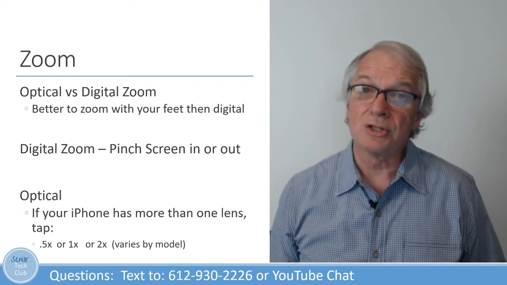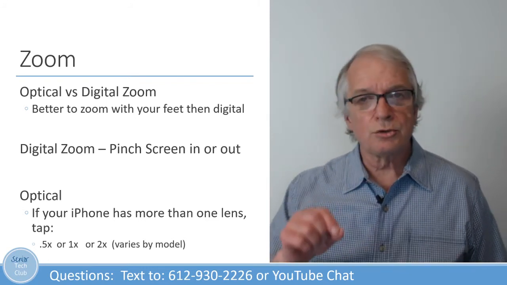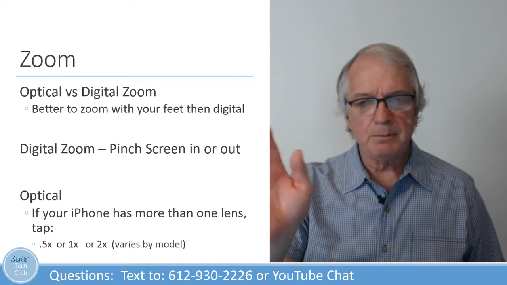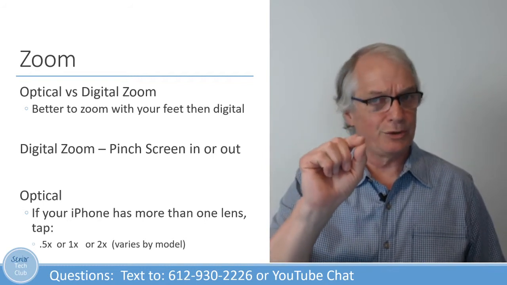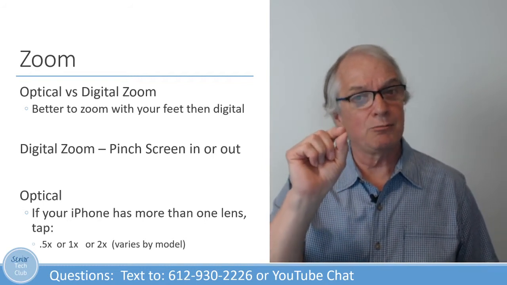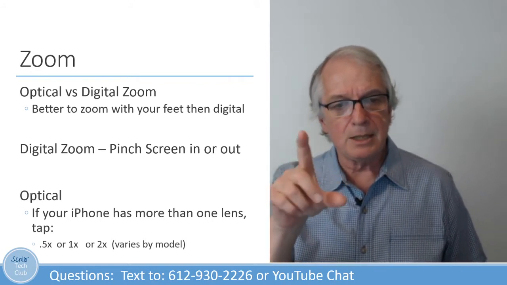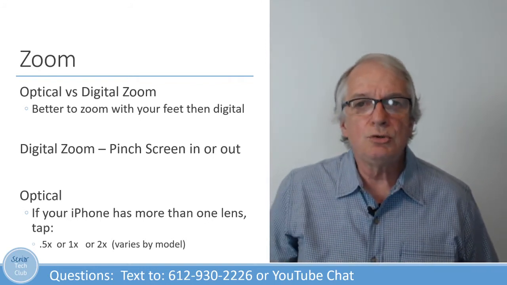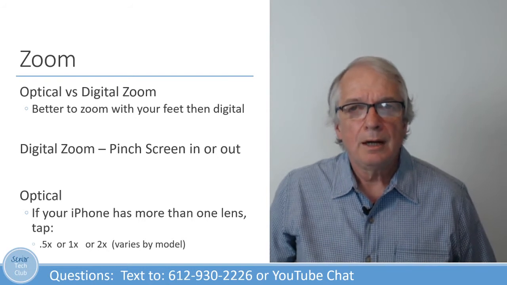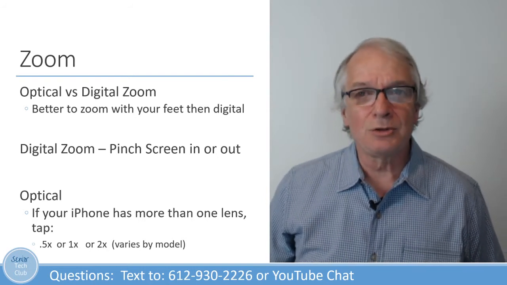Now, here's the challenge. When you do a digital zoom, you still have the same number of pixels, the same resolution, but by doing that pinch, you are actually spreading out the resolution.